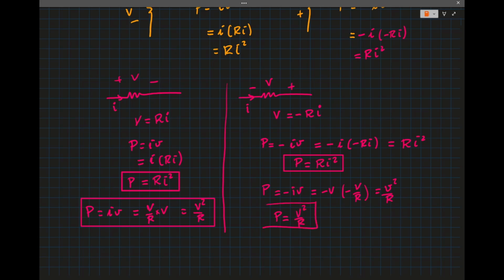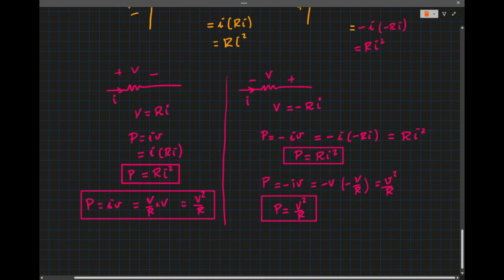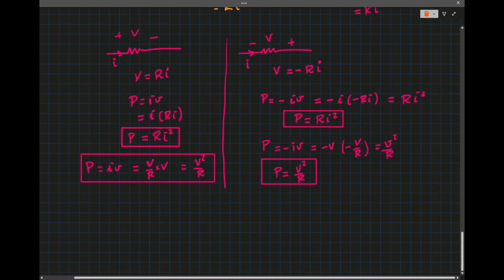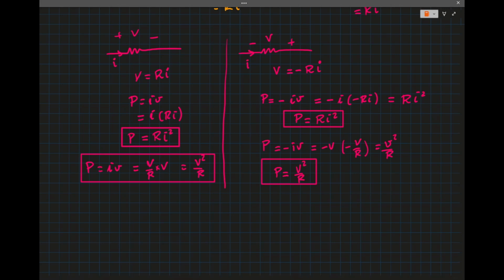So as you can see, the equations for voltage and current, we can use those to calculate the power absorbed by this component. This is just a passive, purely resistive element, the resistor.